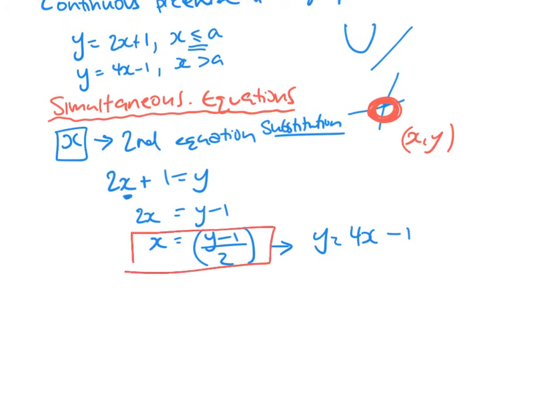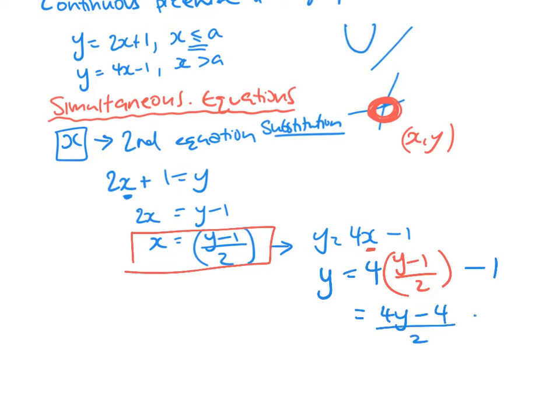So I'm going to drop that in. y is 4 times this little beastie term, that's now our x term. I'm just putting it straight in instead of that x there, take 1. A little bit of algebra to do here to unpack this. So y is equal to 4y, take 4, all over 2, take 1.